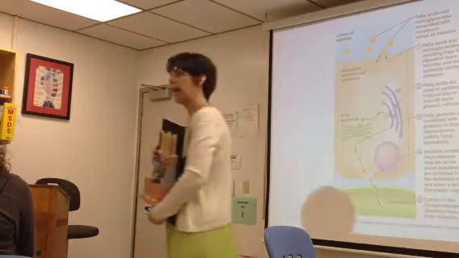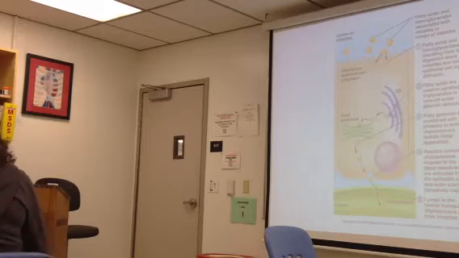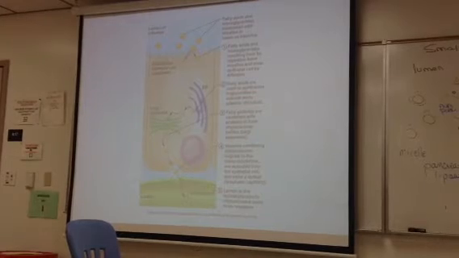So our portal vein is rich in amino acids and simple sugars. Our hepatic artery is rich in oxygen and lipids, and they're both flowing into the liver.